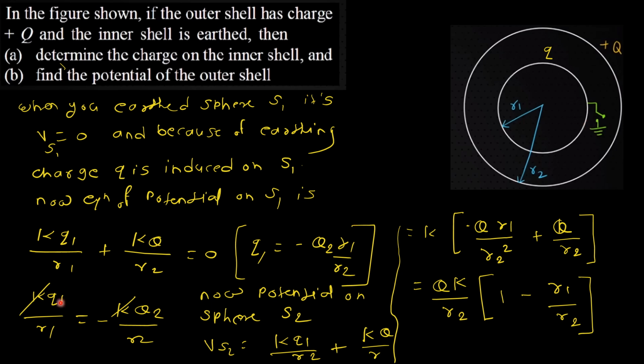So now we can solve this. kq1/r1 = -kq2/r2. It will lead to q1 = -q2 r1/r2.